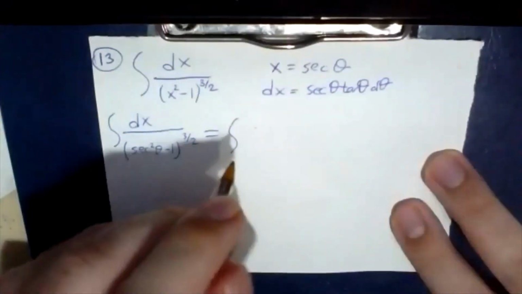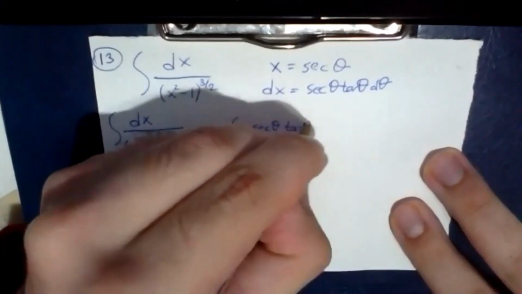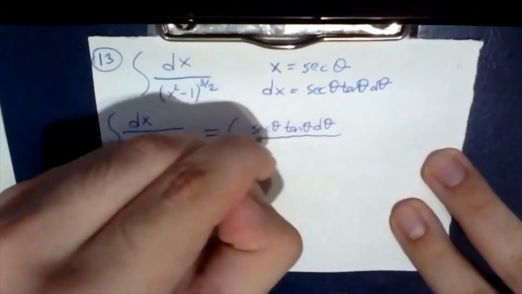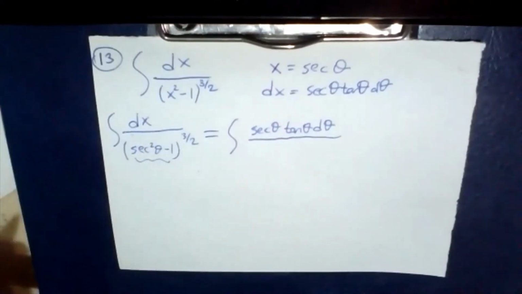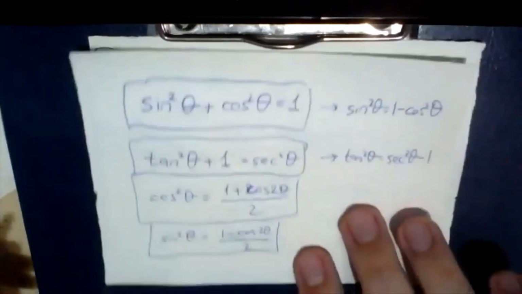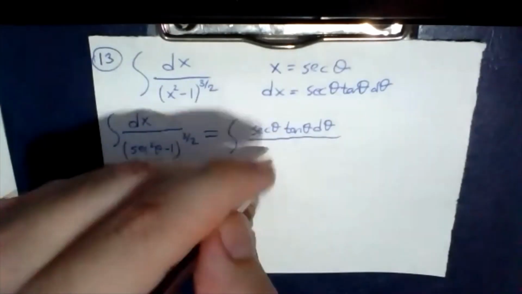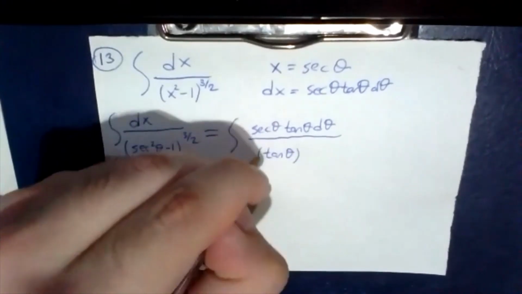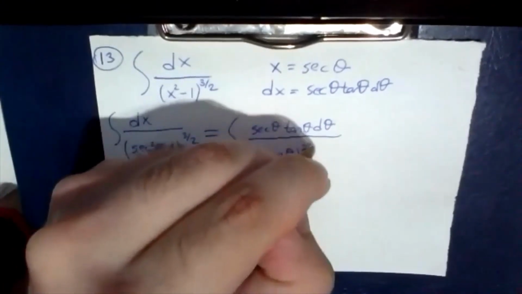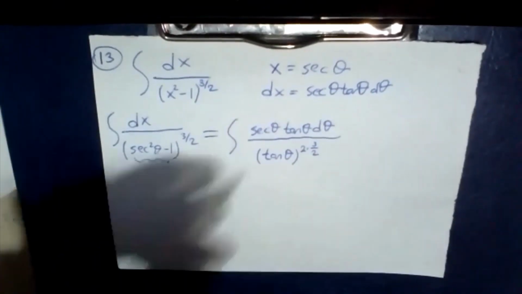Then the integral of secant theta times tangent theta d theta over (secant squared theta minus 1). Remember from the trigonometric identity, this is equal to tangent squared theta, but also with the power of 3 over 2, which will be tangent cubed theta.